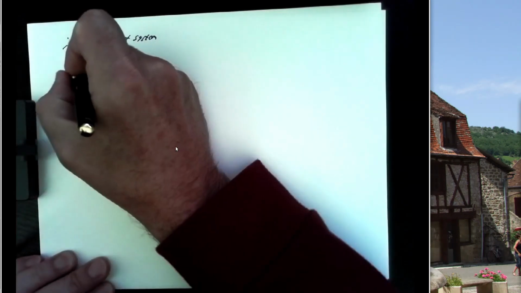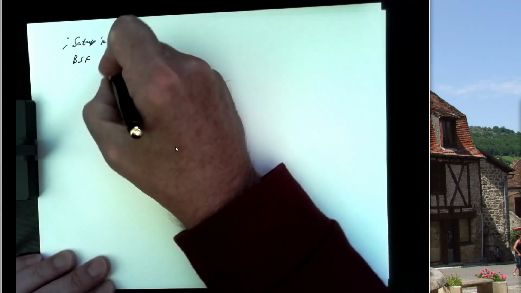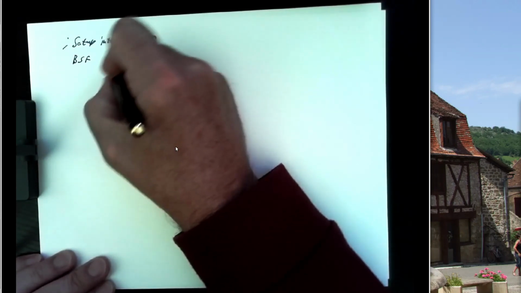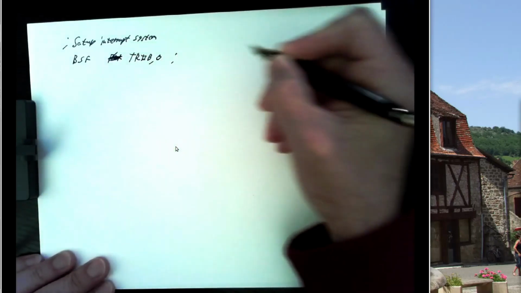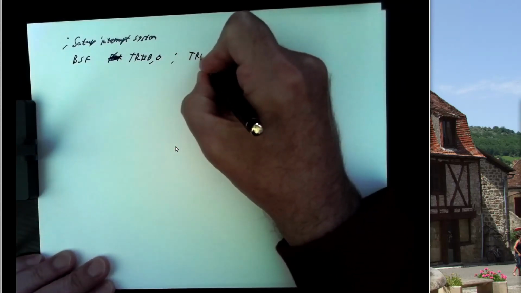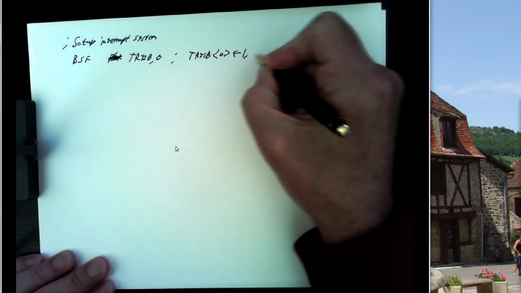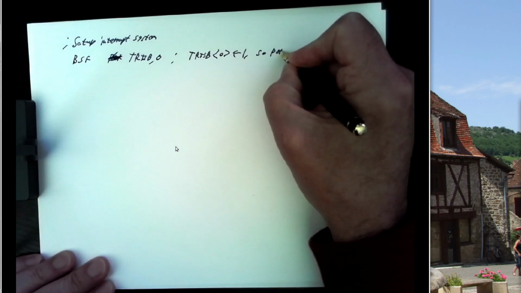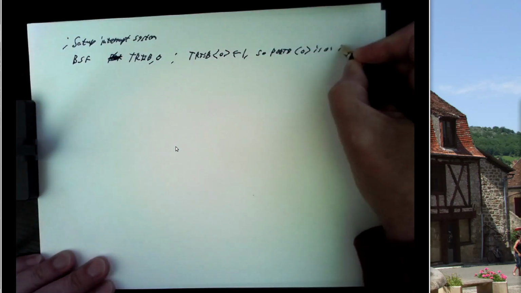I can do this the sort of fancy way. I can say bit set file, and I'll say tris_b, comma 0. And this says tris_b bit 0 is a 1, so port B0 is an input.